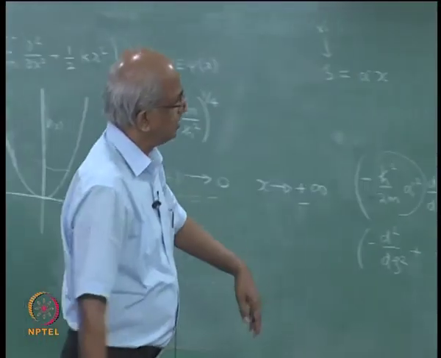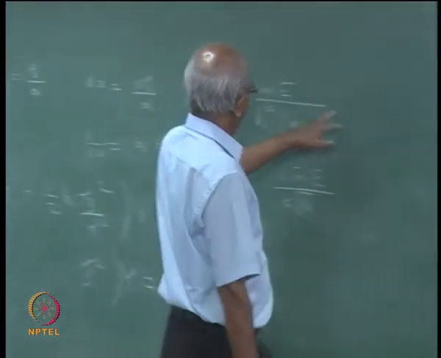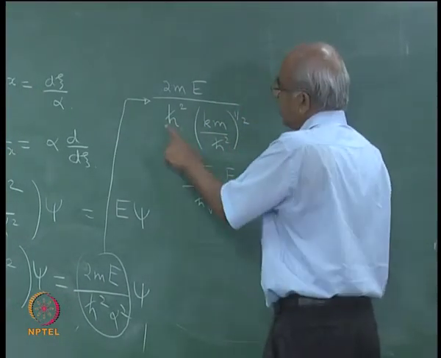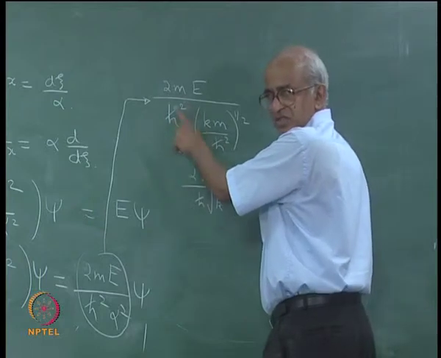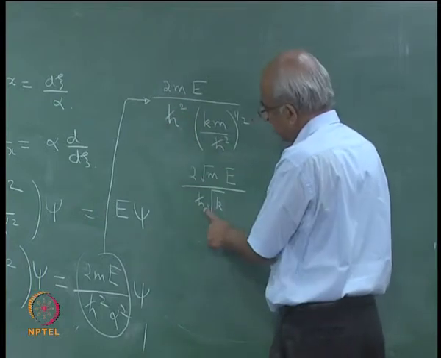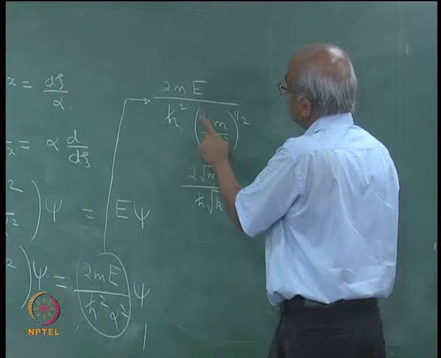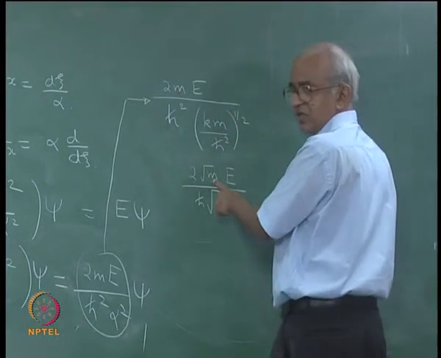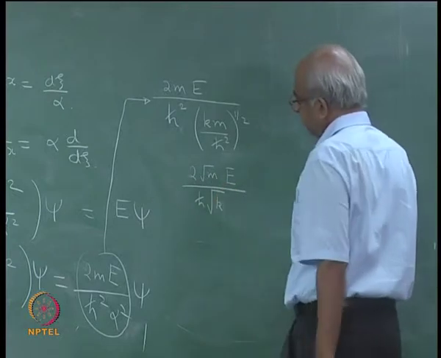Cancelling out, if you took the square root, this h cross square will become h cross, and that will cancel one of the h crosses, because there are 2 h crosses here. So, that is why you get h cross. Then there is an m here, there is a square root of m here. So, naturally you will get square root of m in the numerator.